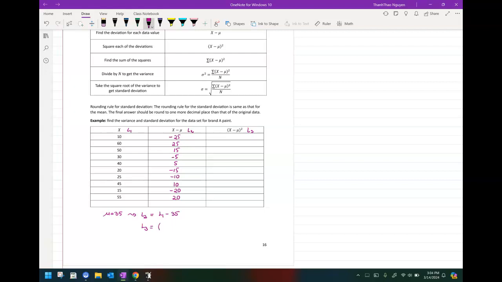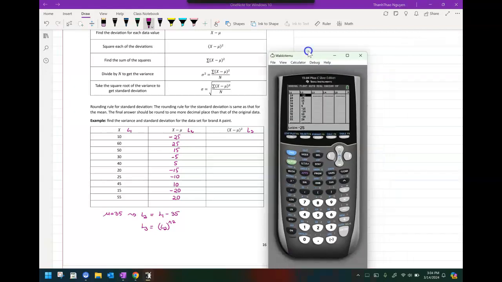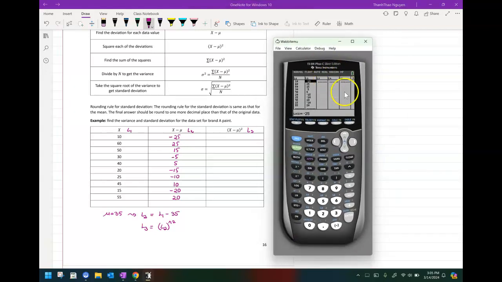Now list 3 is equal to list 2 squared. So we do that. So list 2 squared. And here is our result.